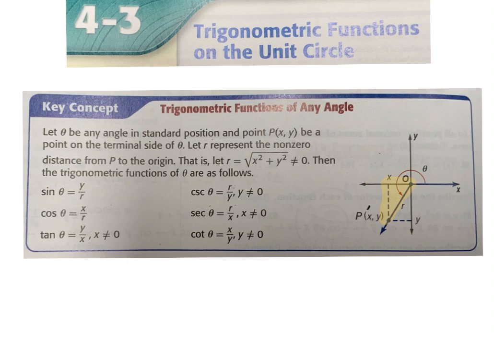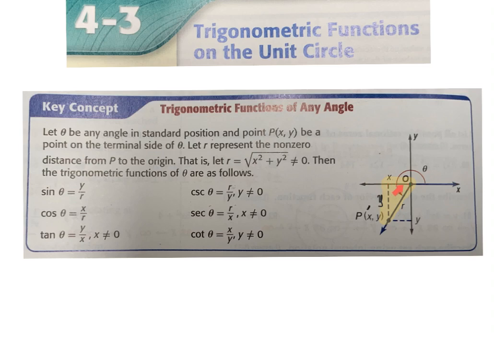If I'm using this angle as a reference, the opposite side is my y, because the length of this side is going to be y, that's how far I went down. If I calculate based on SOHCAHTOA, sine is opposite over hypotenuse, y over r. Cosine is adjacent over hypotenuse.